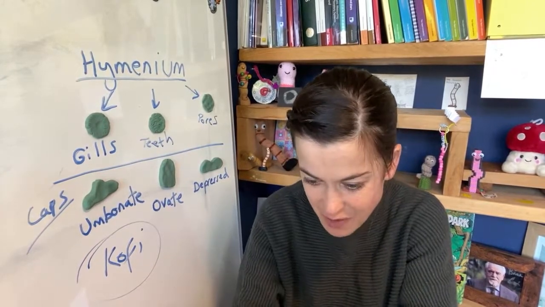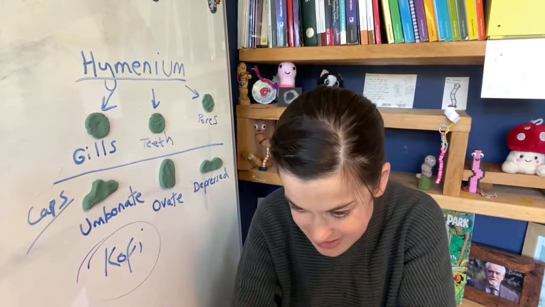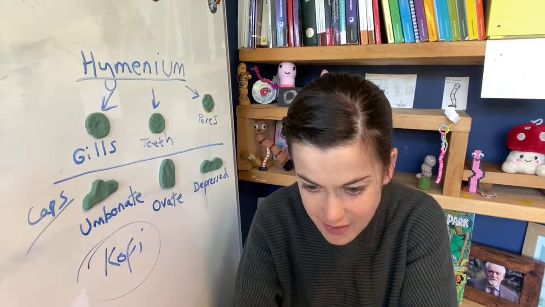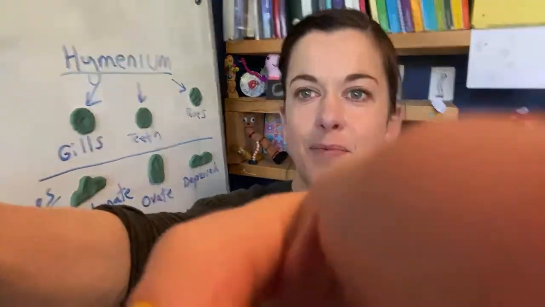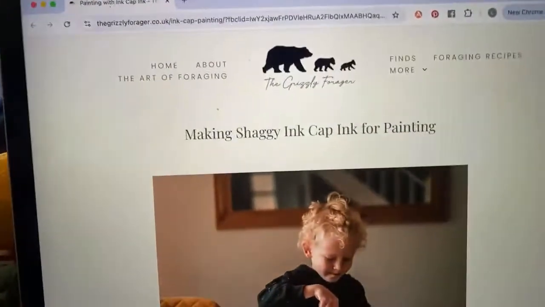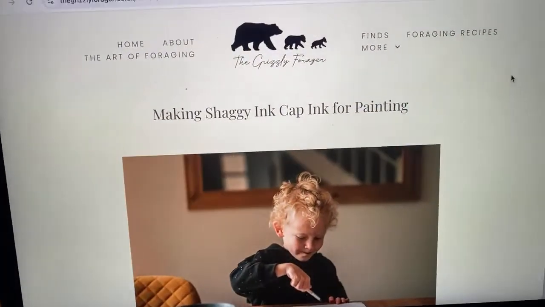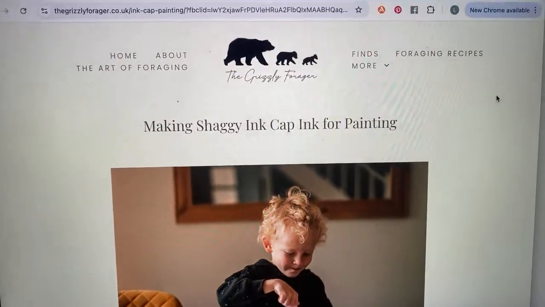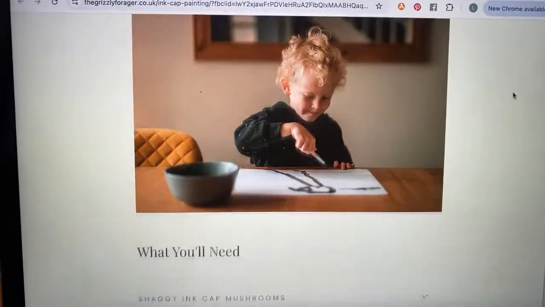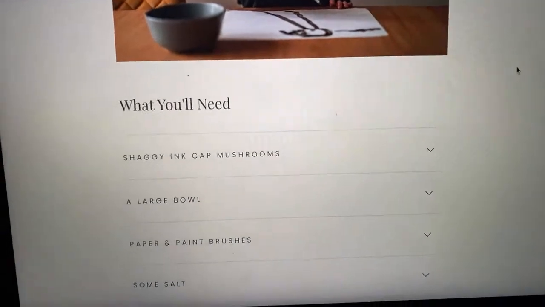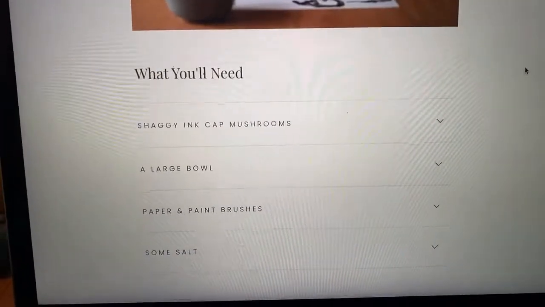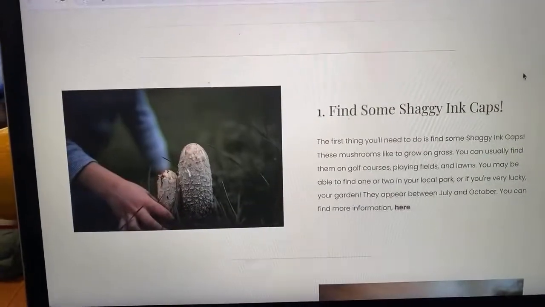Link for painting with ink caps. The Grizzly Forager. What's this? thegrizzlyforager.co.uk. Oh, nice. Look at that. That's a homemade website and a half, isn't it? Making Shaggy ink cap ink for painting by the Grizzly Forager. Wow. Blimey. You'll need shaggy ink cap mushrooms, a large bowl. Wow, and some salt as well.